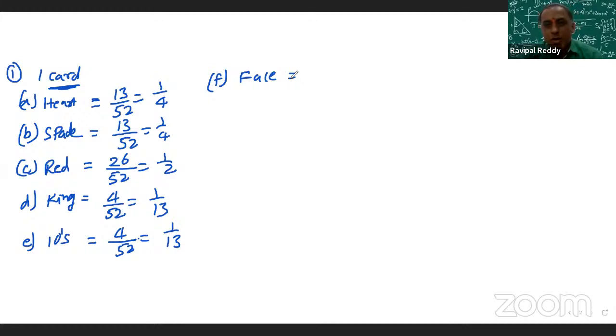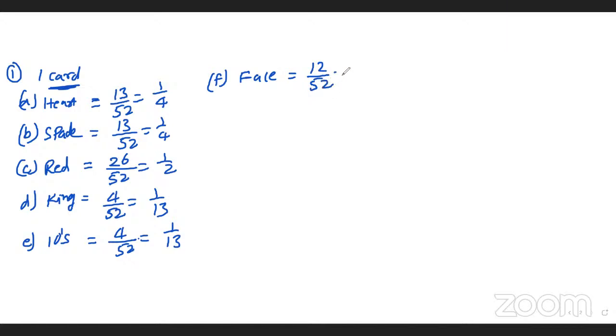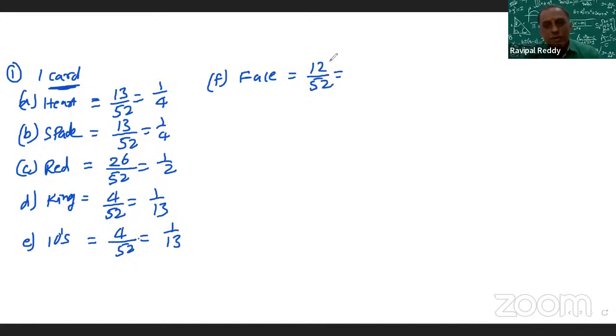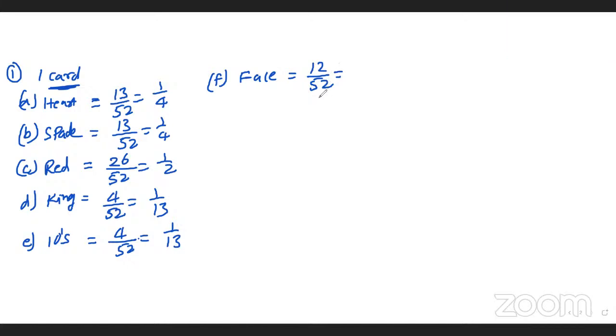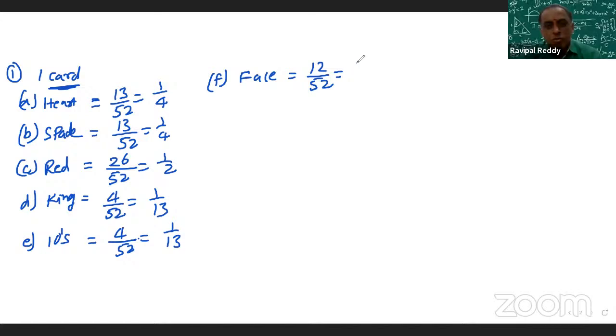J, Q, K cards are known as face cards. One suit has 3 face cards. 4 suits have 4 into 3, 12 face cards. 12 by 52. Dividing both numbers by 4, 4 threes are 12, 4 thirteens are 52. Face card probability is 3 by 13.